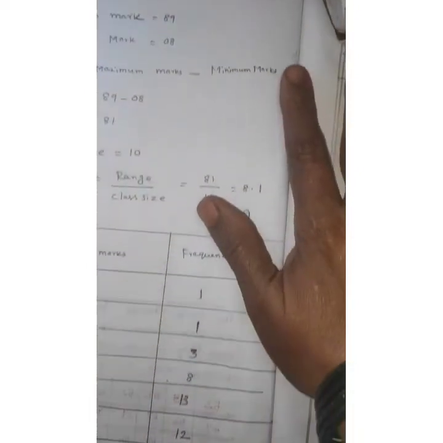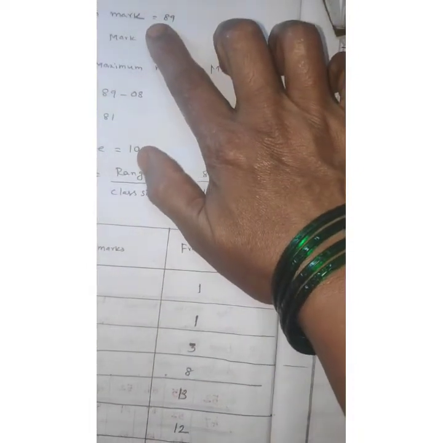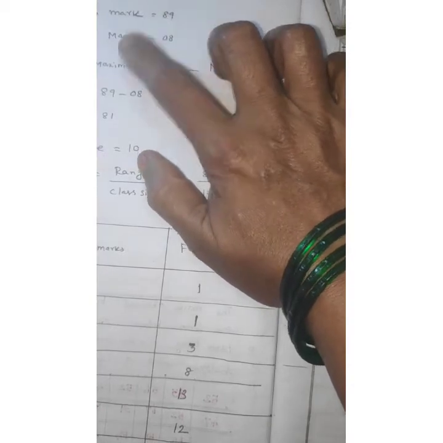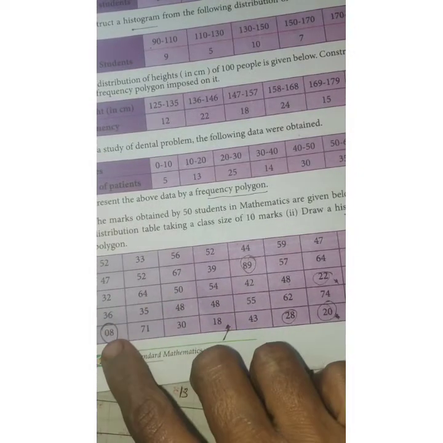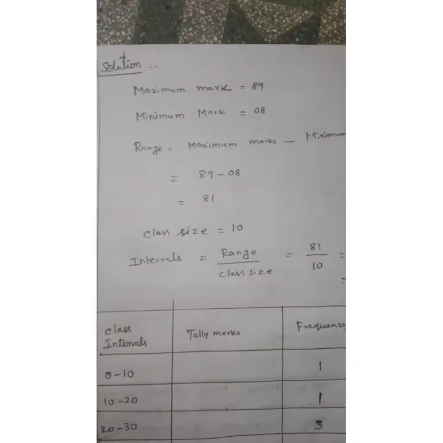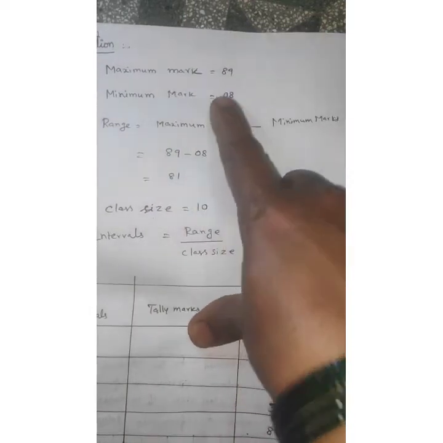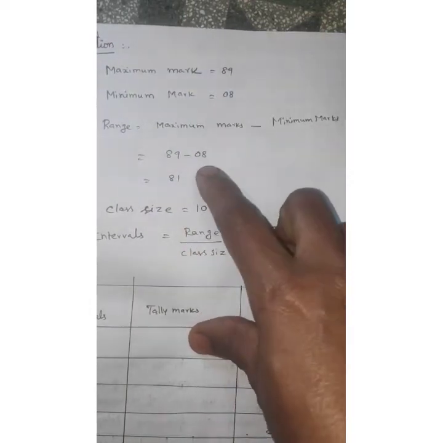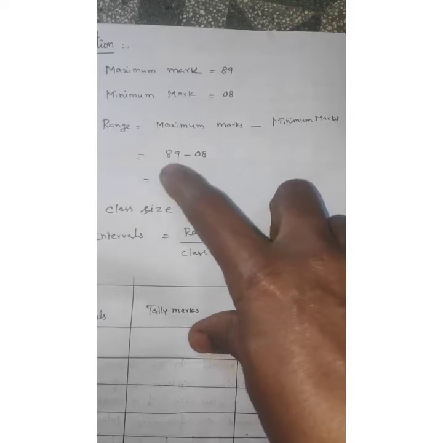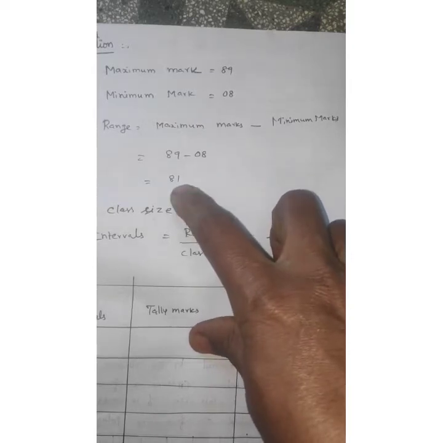Frequency distribution table. Before that, you find the range: maximum mark, minimum mark. Here the highest mark is 89, the lowest mark is 8. So range formula equals maximum mark minus minimum mark. 89 minus 8, getting the answer equal to 81.